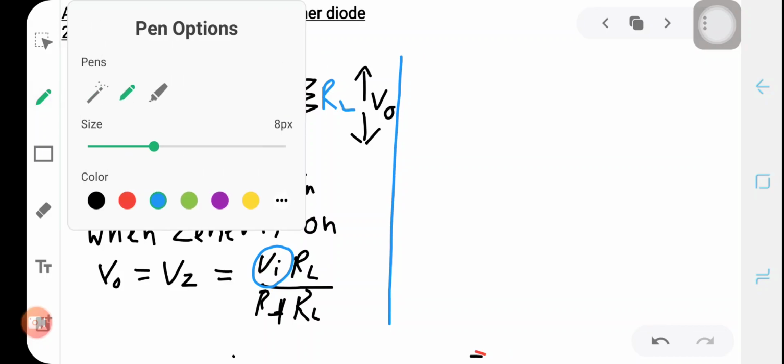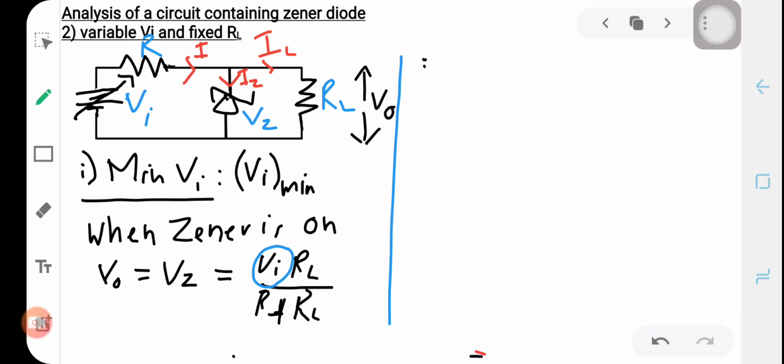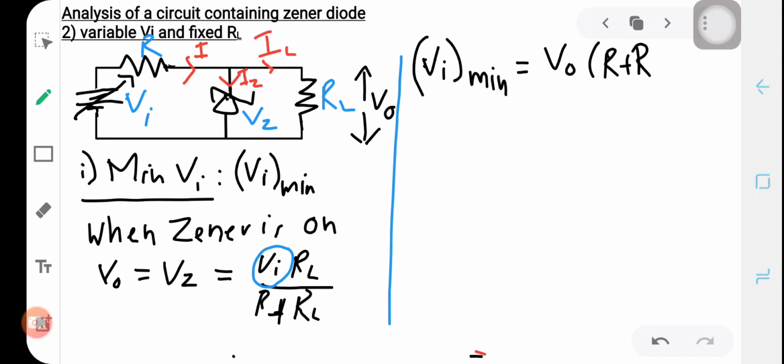By rearranging the above equation, Vi minimum is equal to V0 into R plus RL divided by RL. So this is the minimum voltage that must be given to this circuit for keeping the zener in the on state.